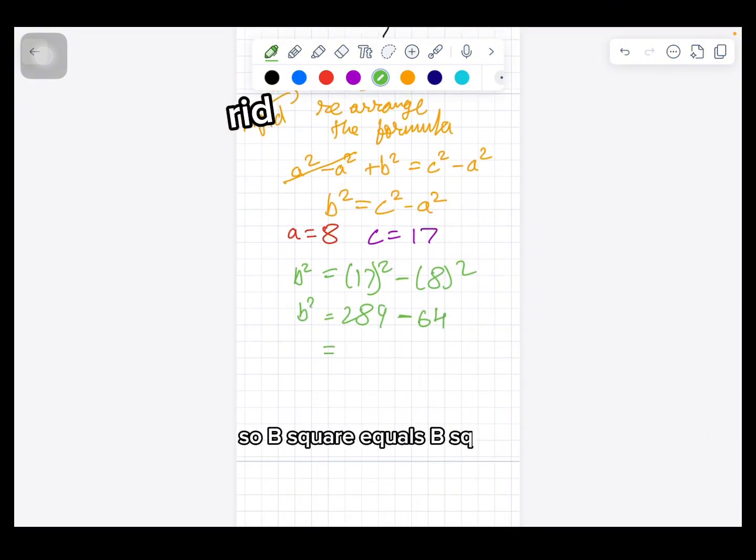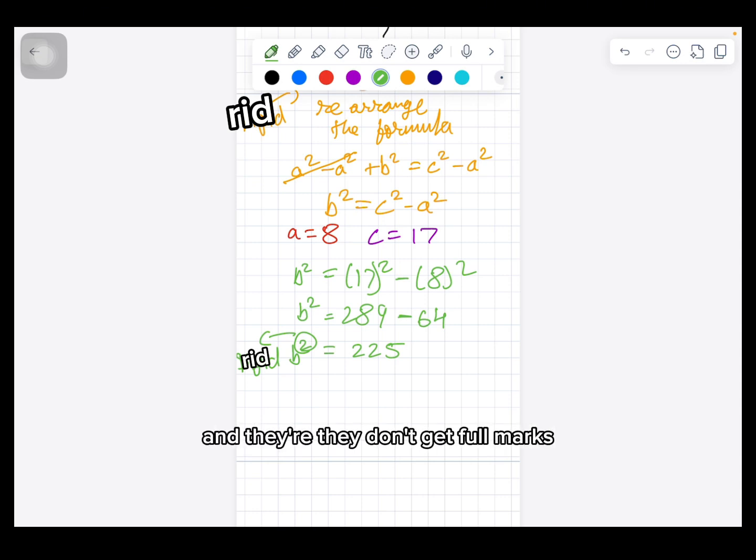So B squared equals 225, and you need to always get rid of the square. I'm always mentioning it because most people forget to get rid of the square and they don't get full marks.